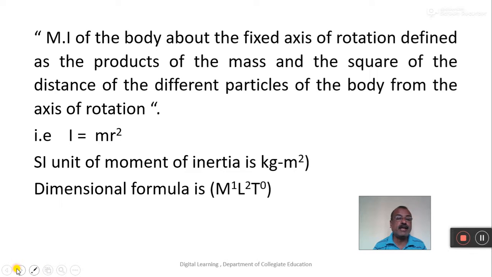The moment of inertia of the body about a fixed axis of rotation is defined as the sum of the product of mass and square of the distance of the particles of the body from the axis of rotation. We can write the SI unit and dimensional formula like this.